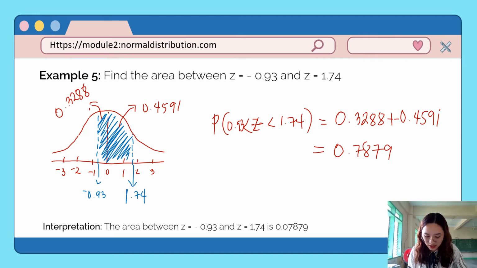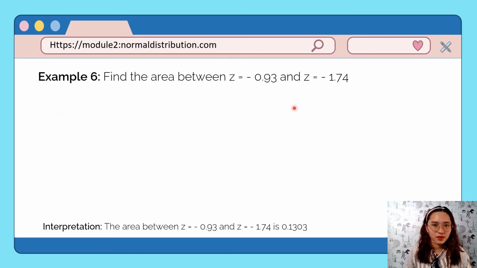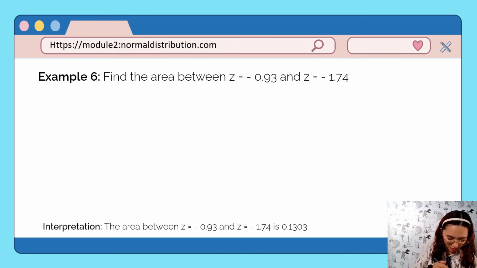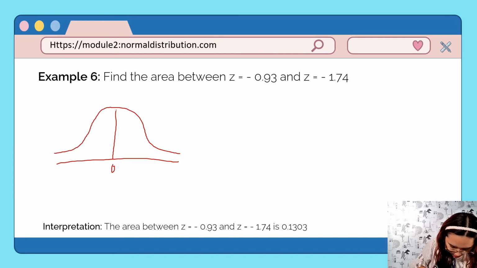So, or that is 78.79%. So yung next natin ay yung between ng dalawang negative z values natin. Find the area between negative 0.93 and negative 1.74. So yung una muna natin gawin, illustrate lang muna natin siya in standard normal curve. 0, 1, 2, and 3. Negative 1, negative 2, and negative 3.